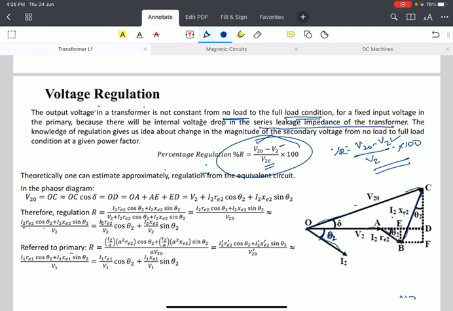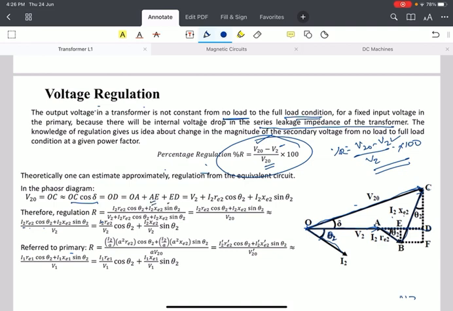So as you can see here, in this case V20, this vector is V20, which is OC. This is almost equal to OD, which is OC cos delta. And OD is equal to OA, which is V2, plus AE plus ED.